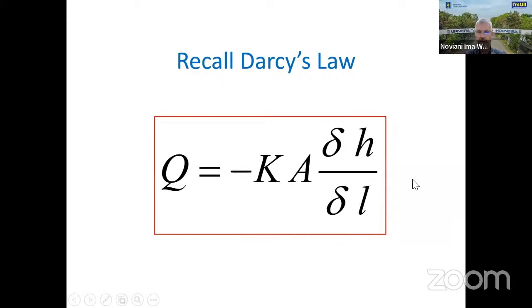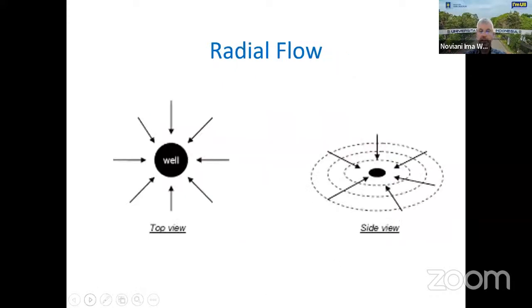Okay, so Darcys Law is what we figured out yesterday. Now, when you start pumping, the flow towards our well is really radial, meaning the flow comes in from all sides, as indicated in this top view, where the water is pulled in radial fashion to all sides of the well.